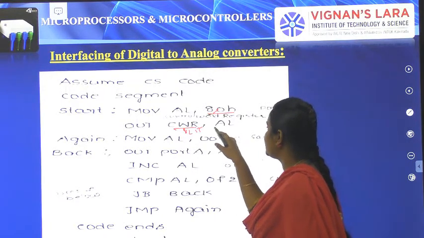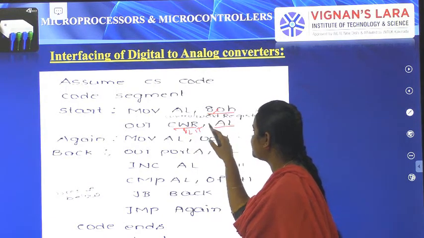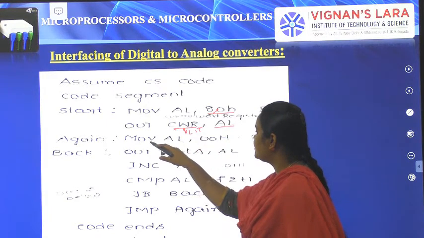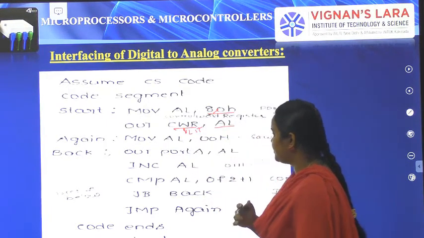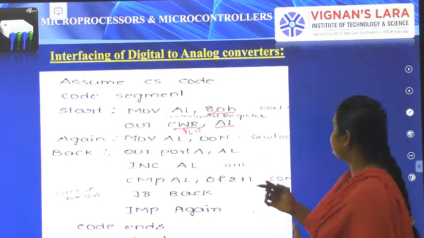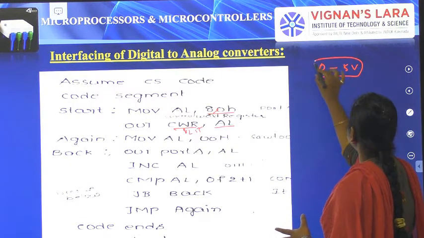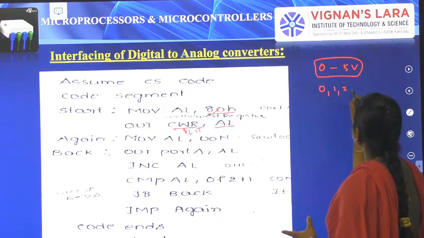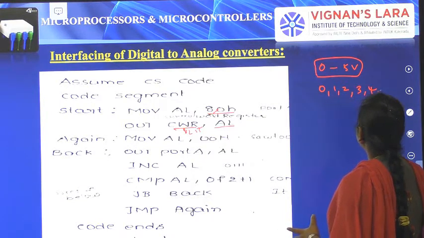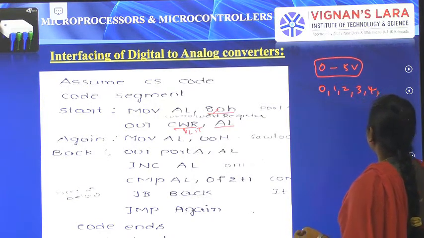Then we provide 0 to 5 volts, that means conversion of 0, 1, 2, 3, 4 up to 5.